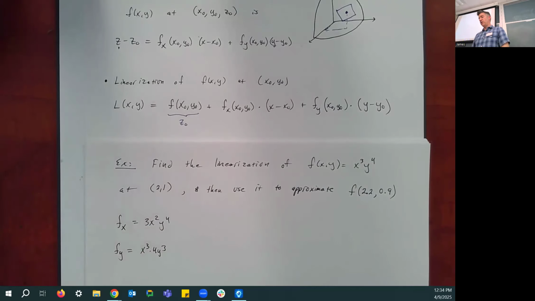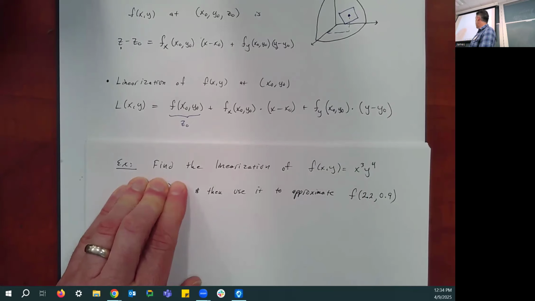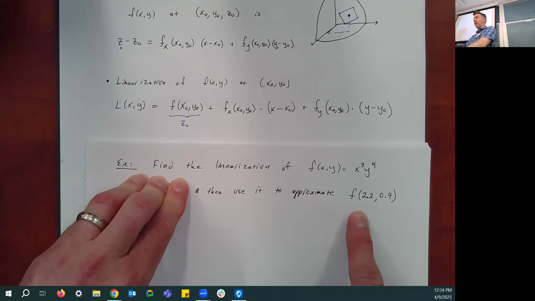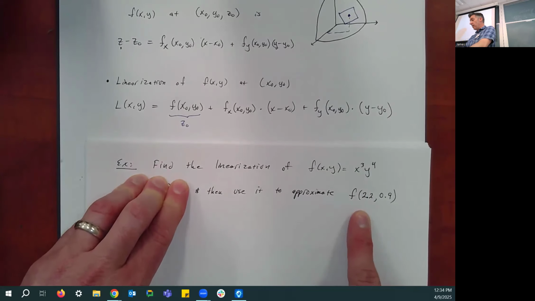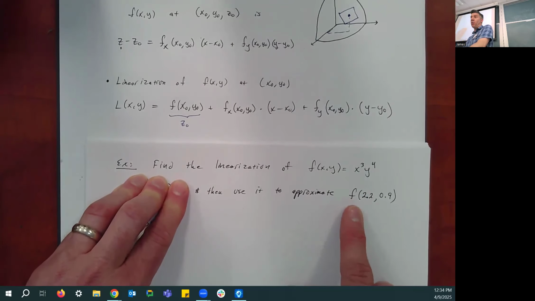And I also need to plug in the convenient point they've given me here, right? Unlike last time, they gave me a nice one here. If the question had been phrased like find a linearization of this function and didn't tell you the point, and they said and then use it to approximate f of 2.2 comma 0.9, this here I think is a pretty big hint that the point we should be using is 2 comma 1.